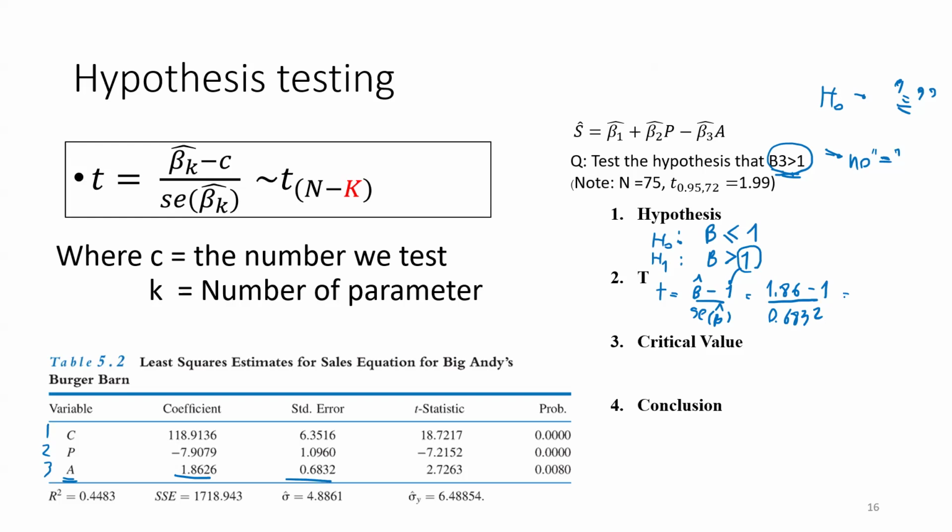So we get 1.258. Third step, critical value, but they gave it to you already. So the t critical value is 1.99.